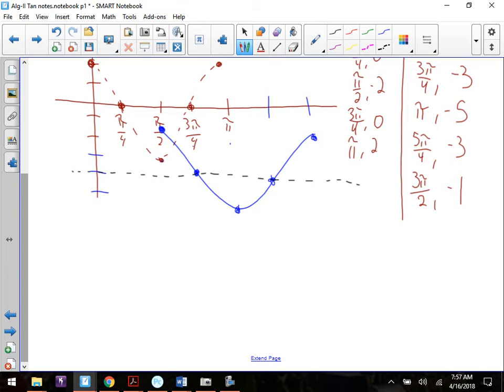When you are at 0, what's the inverse of 0? It's undefined. So at these points here where it crosses through at 0 spots, these become asymptotes.